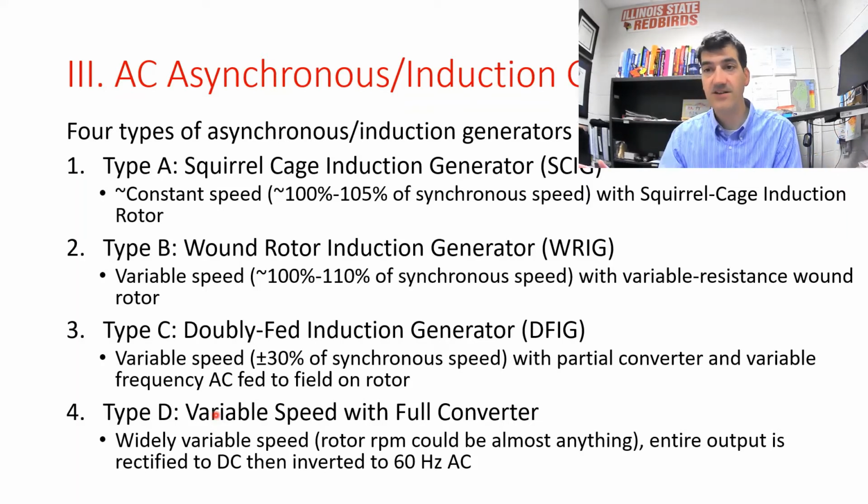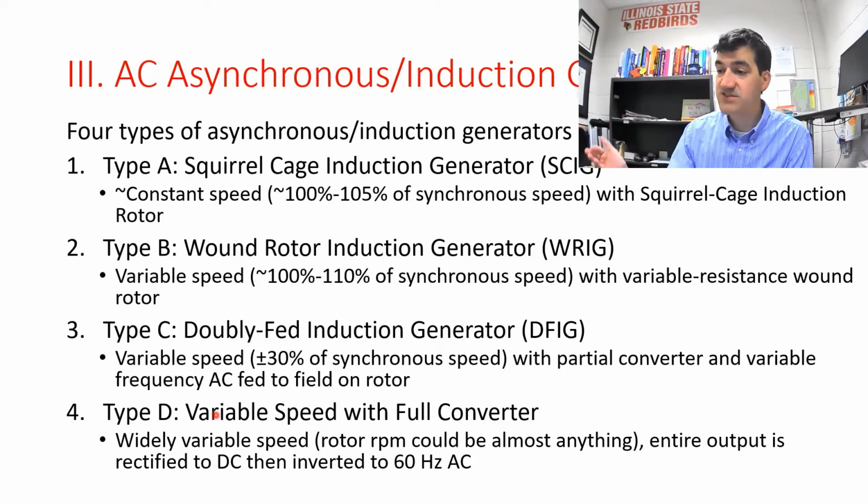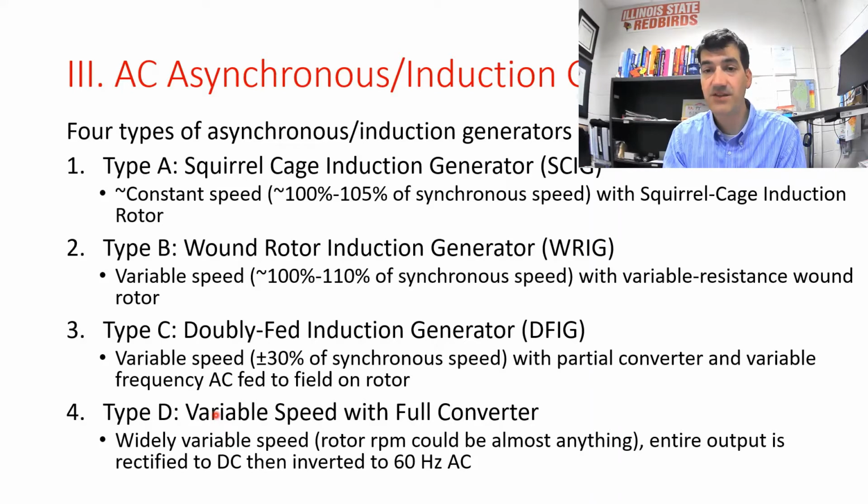Depending on your design, if you have a solar thermal plant or maybe a biomass plant, you might have variability in those as well. So any application where you need to produce a consistent 60 hertz output with a variable input, these types of designs are applicable.